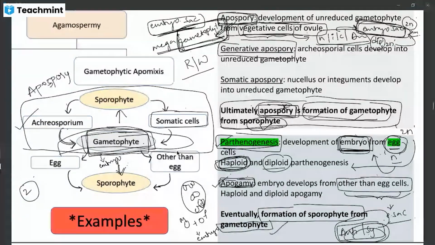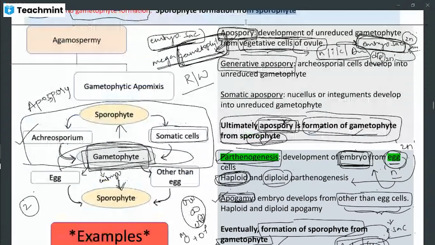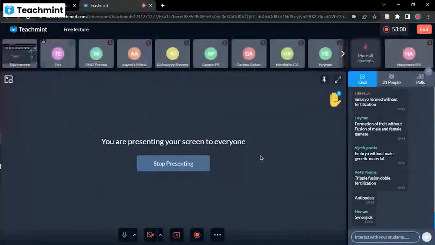And now we will enter into the examples. Can anyone say examples for apospory? Mostly you can club the examples under generative apospory and somatic apospory. See, examples are the most important thing, along with the scientific names.